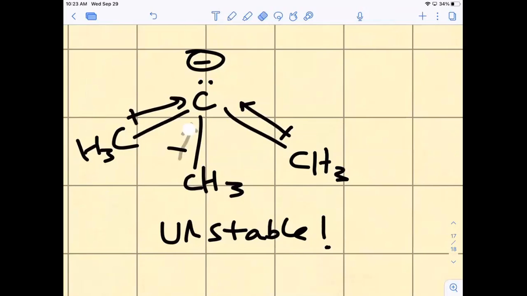That'll destabilize the charge. Remember the goal, even though this is a totally different concept, the idea of delocalization is always important. You want that charge to be delocalized, not centralized and then intensified by more electrons being donated to it. You want to be able to spread that charge out.